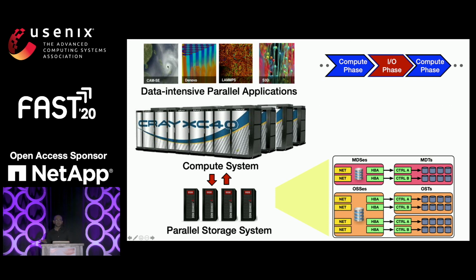The two at the top are the MDS and the MDTs, the metadata servers and metadata targets, which serve and manage the metadata operations. But the main components are the OSSs, the object storage servers, and the OSTs, the object storage targets. As I mentioned in the previous talk, OSSs manage the I/O requests, and the OSTs actually store the I/O data.